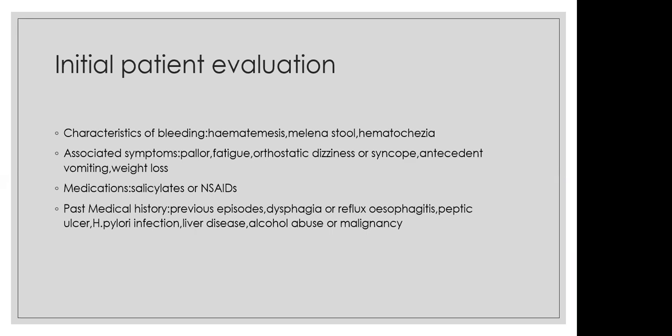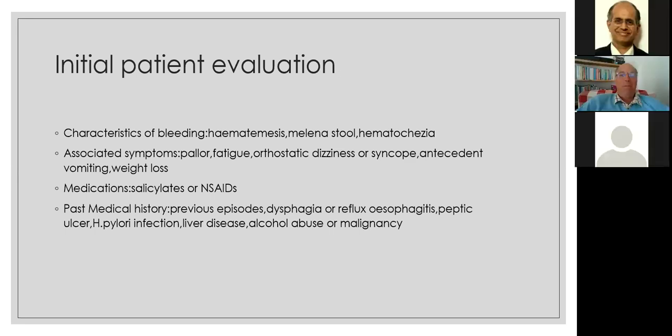A patient who presents with upper gastrointestinal bleeding, you start with the initial patient evaluation. You need to get information about the characteristics of the bleeding: if there was hematemesis, any presence of melena stools, hematochezia, and also find out about any associated symptoms.